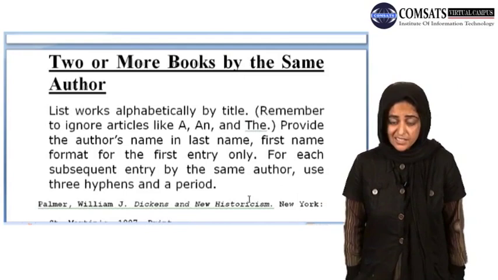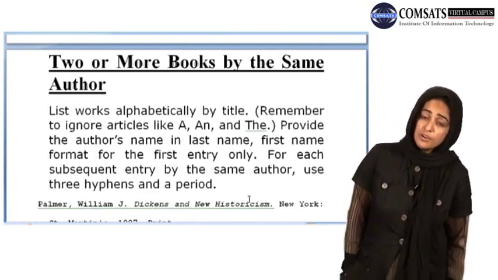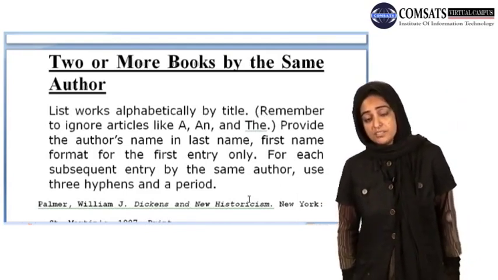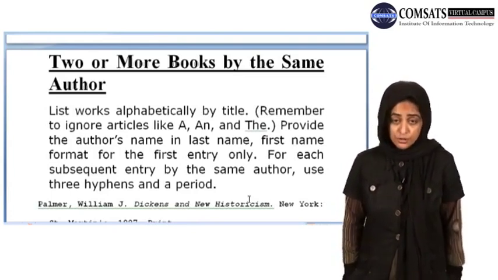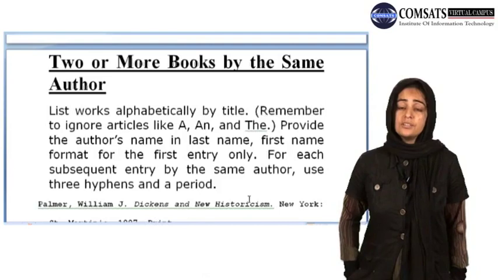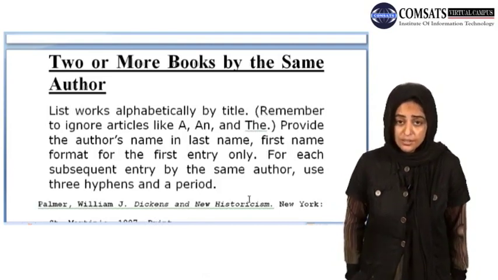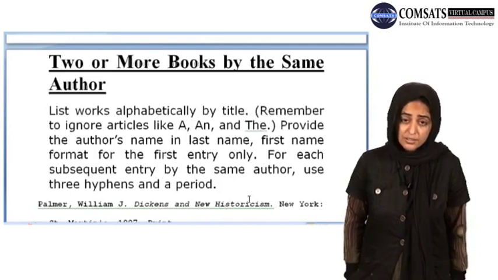We have already discussed that you are not supposed to repeat the name of the author again and again. Rather, you will simply be alphabetically arranging the references for the same author keeping in mind the title of the articles or the title of the books by the same author.